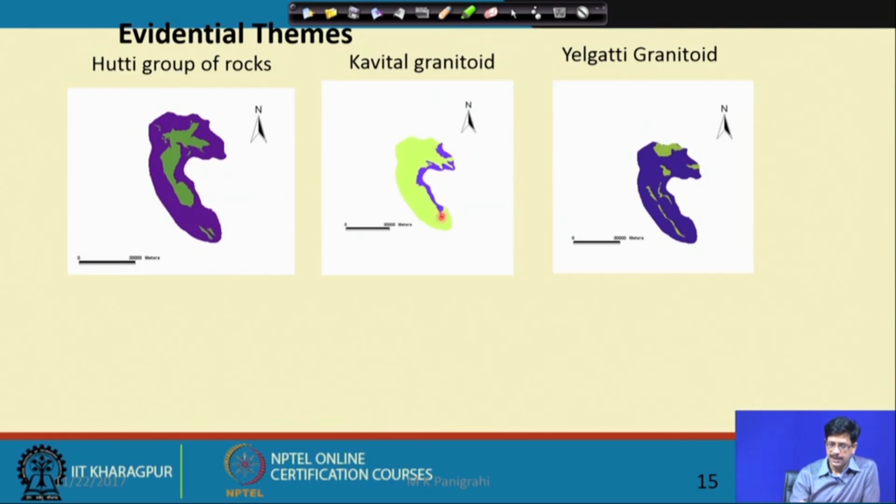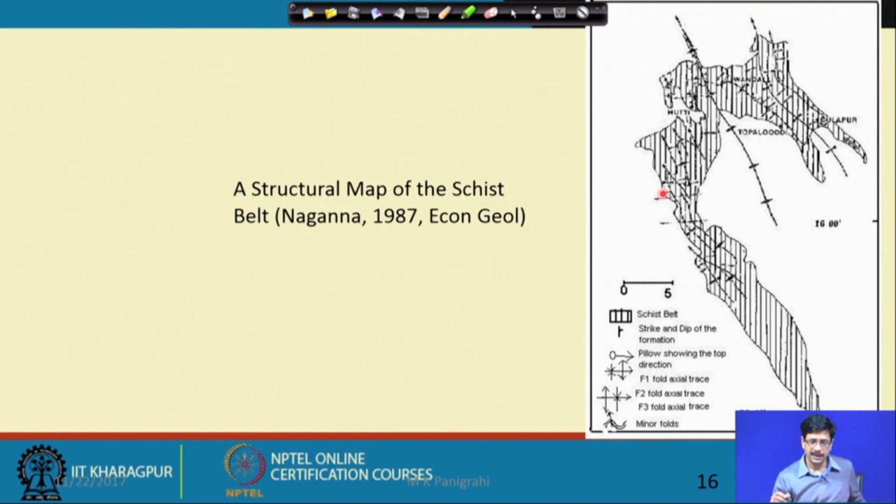Similarly, the occurrence of one of the phases of granite, the Kavital granite, is shown here. This is for the other phase of granite, and this is an example structural map which was produced long back. The structural map has the F1 fold traces, F2 fold traces, the faults, and various structural elements which are present here.